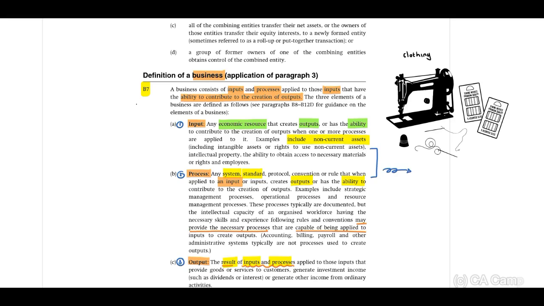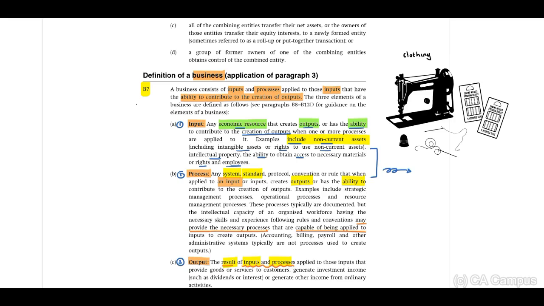Now, when we look at input, this is any economic resource that creates outputs or has the ability to contribute to the creation of outputs when one or more processes are applied. Examples include non-current assets, including tangible assets or rights to use non-current assets, intellectual property, ability to obtain access to necessary materials or rights, and employees.